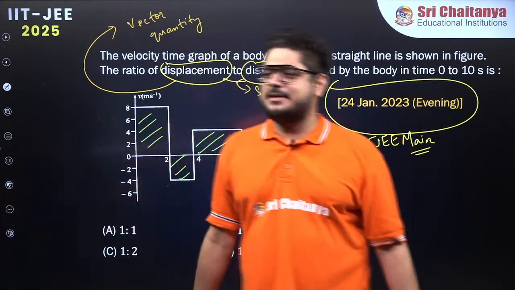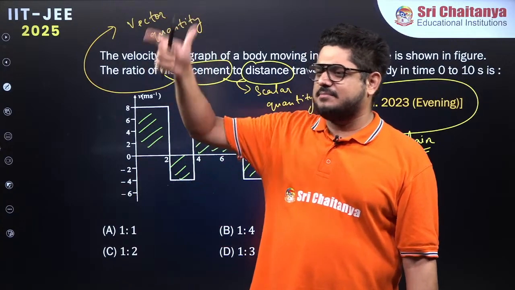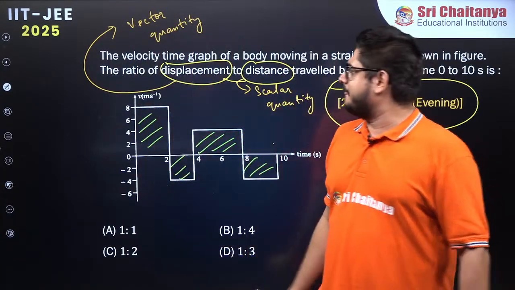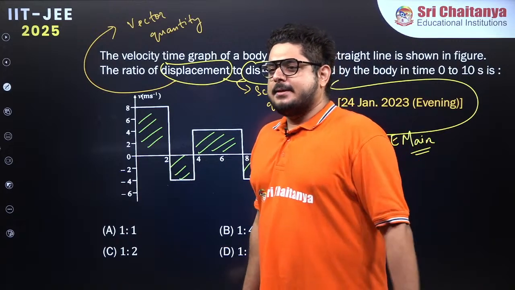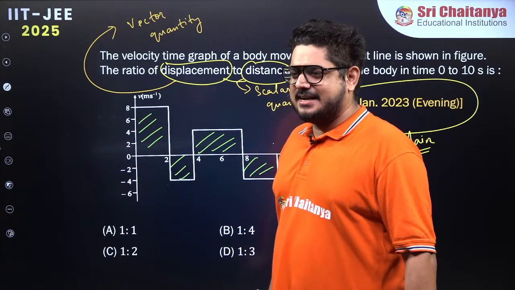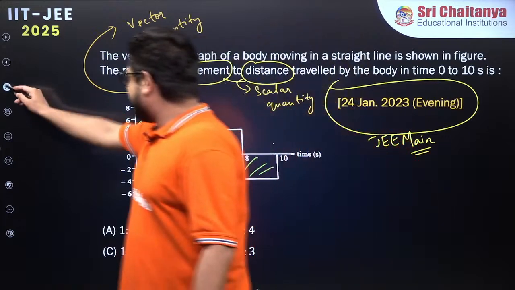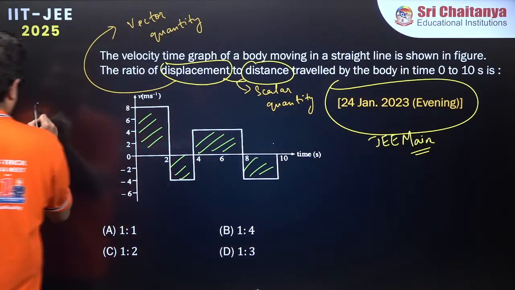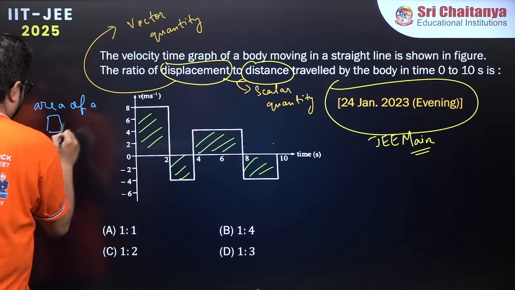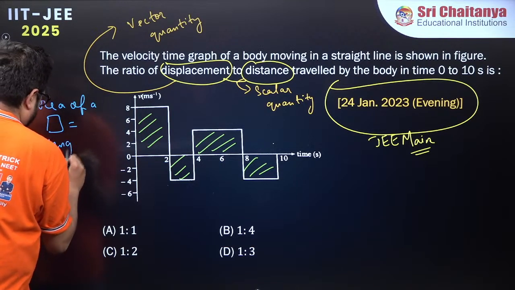I hope everyone's able to see rectangles. If yes, give me a thumbs up. Rectangle सबको दिख रहा है? If yes, give me a thumbs up. I am saying Naruto, wait a second. Rectangles. So what is the area of a rectangle? Once again, area of a rectangle is going to be length into breadth.